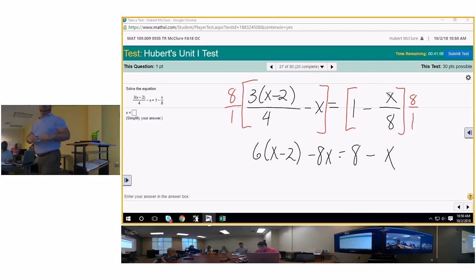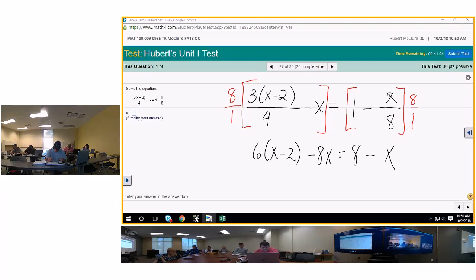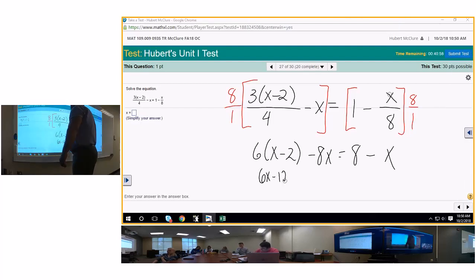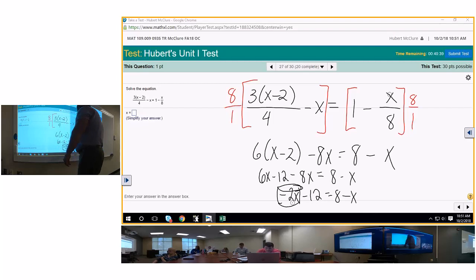So distribute the 6. That's going to be 6x minus 12. 6x minus 12 minus 8x is equal to 8 minus 8x. 6x minus 8x is negative what? Negative 2x minus 12 is equal to 8 minus 8x. I'm going to move the smallest bucket across the river.